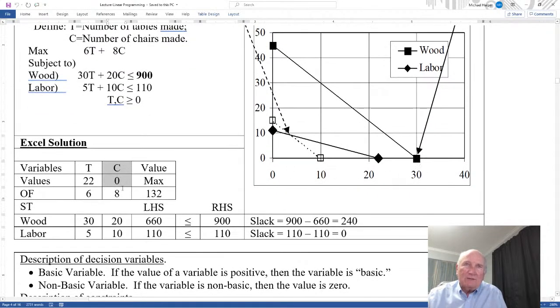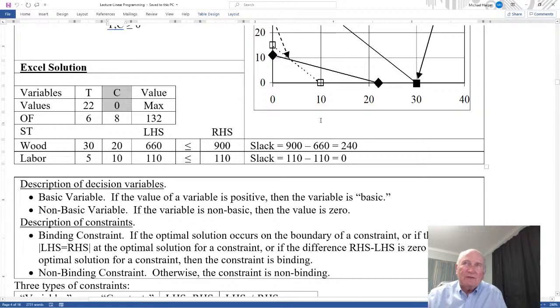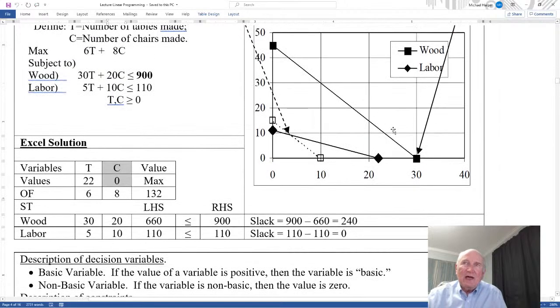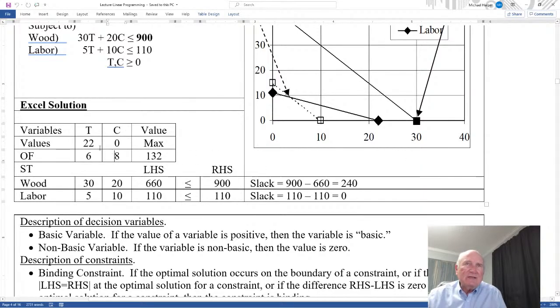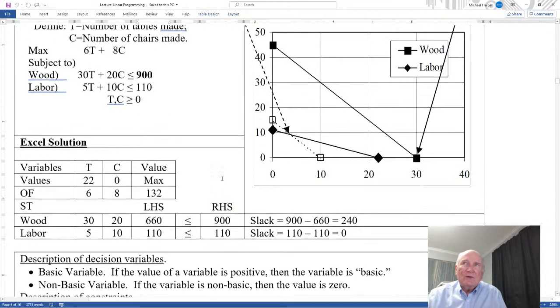But if that point, 22.0, is on the boundary of the constraint, then it's on the line. And if it's on the line, then equality holds. If equality holds, then the left-hand side equals the right-hand side. In other words, if I take 22.0, I go to the wood constraint, 22 times 30 plus 0 times 20 is 660.